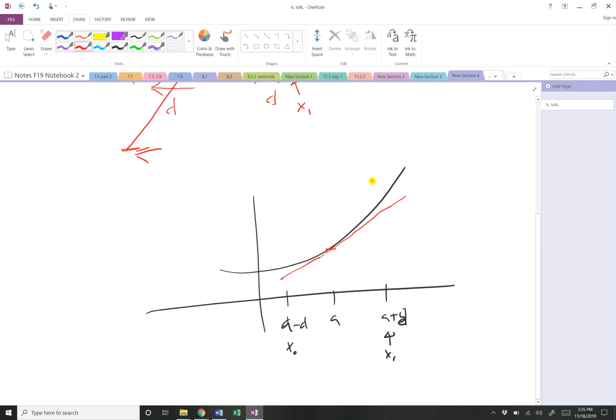We just have to look at our original function and look at the curvature, the concavity that's the most around here. Look at the acceleration. What's the largest acceleration on this interval from here to there, and then assume that acceleration everywhere.